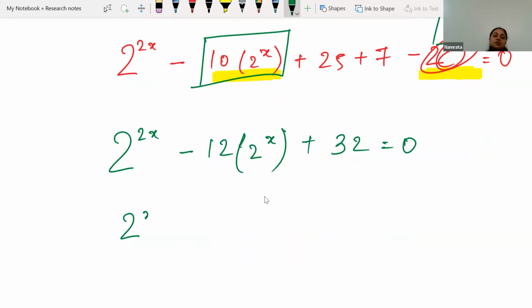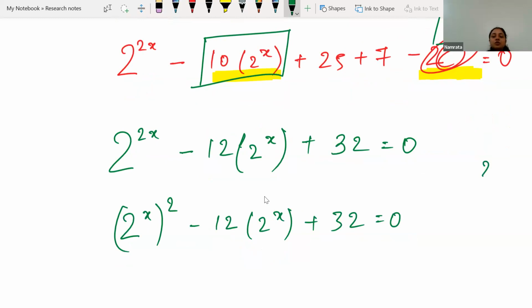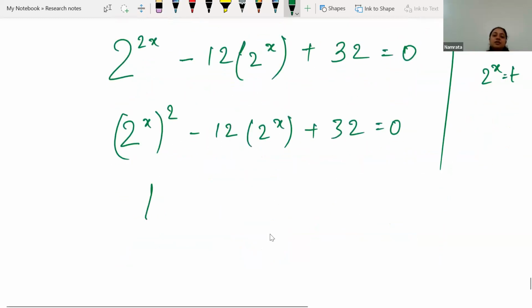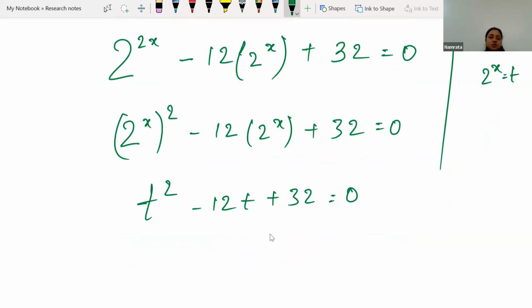So it looks like 2 to the power x whole square minus 12 into 2 to the power x plus 32 is equal to 0. And if we take 2 to the power x as t, we can write it as t square minus 12t plus 32 is equal to 0, which is a quadratic equation, right?